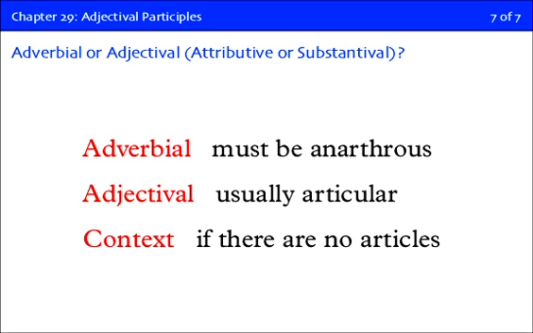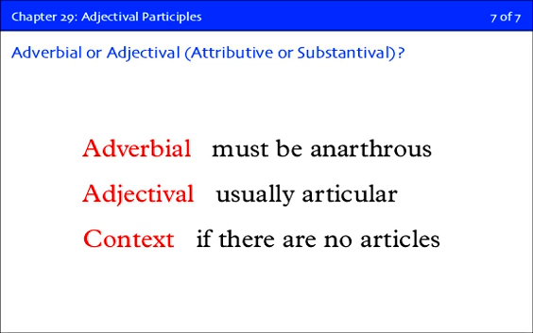The situation you find yourself in at this point then is that when you see a participle, it will either be adverbial or adjectival. And if it's adjectival, just like any adjective, it can be an attributive adjective or it can be a substantival adjective, right? So you have to be aware of that most basic distinction with participles.